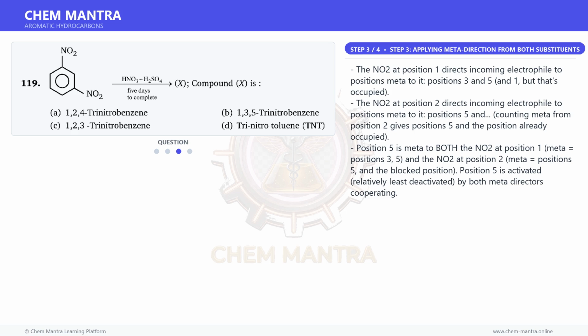The NO2 at position 1 directs the incoming electrophile to positions meta to it, positions 3 and 5, but that's occupied. The NO2 at position 2 directs the incoming electrophile to positions meta to it, positions 5 and the position already occupied.